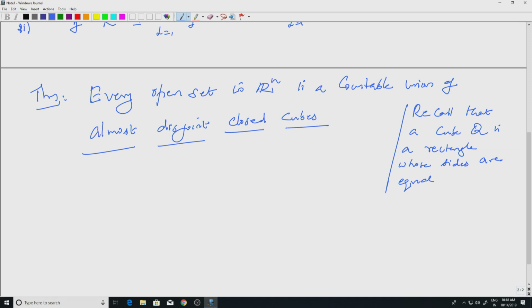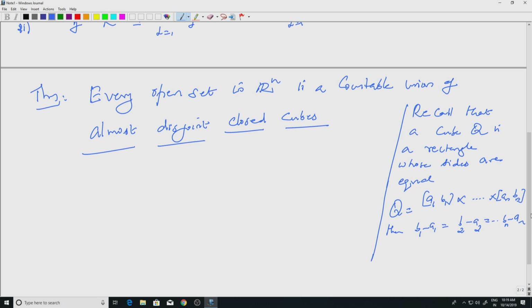It means if Q is the product of [A1, B1] and so on up to [An, Bn], then B1 minus A1 equals B2 minus A2 equals Bn minus An. All the sides are equal. Then we say Q is a cube.